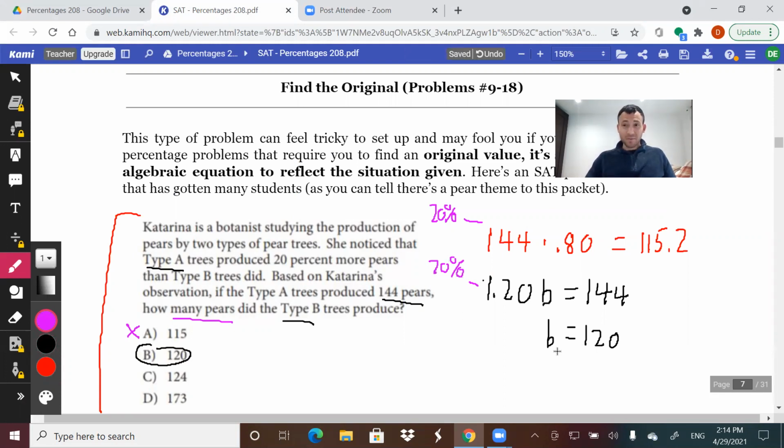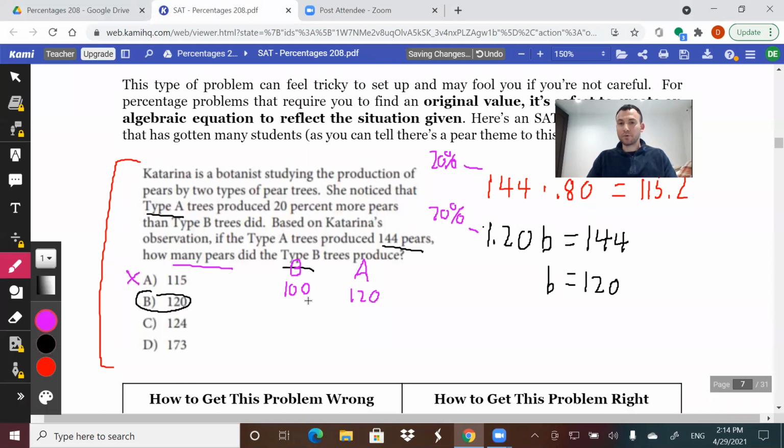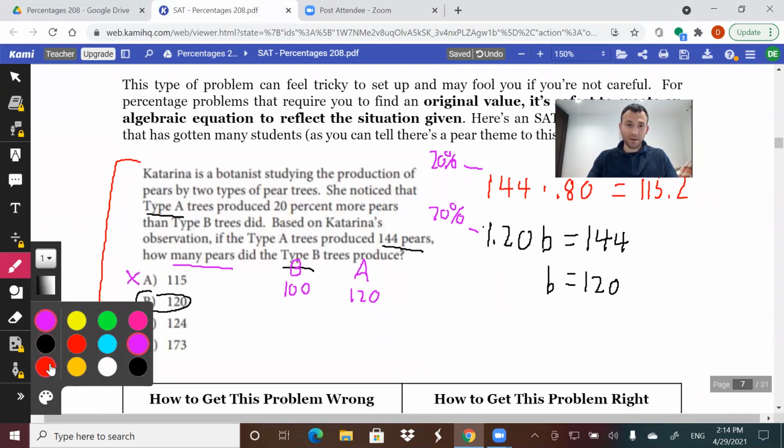An easy way to think about it is if I just gave the number 100. So we already know the answer to this problem, but pretend that we know type B pears, we have 100. Type A pears, we have 120. And we know that type A pears produce 20% more than type B pears.